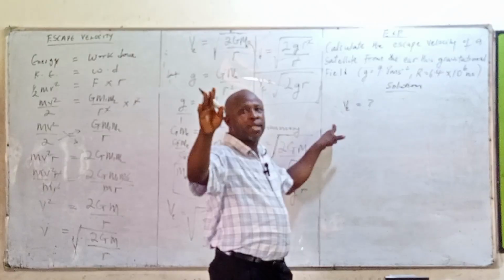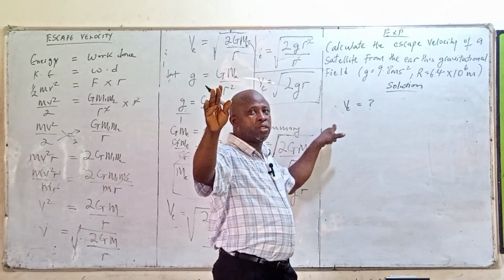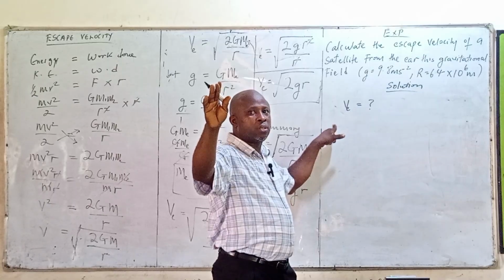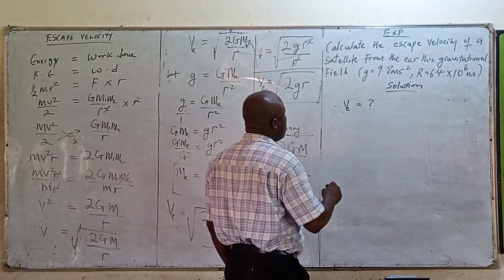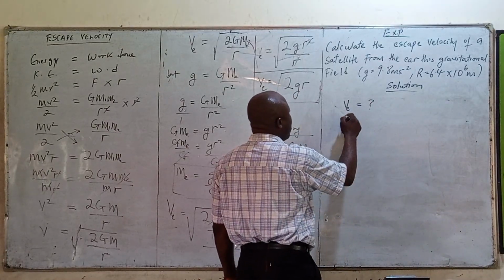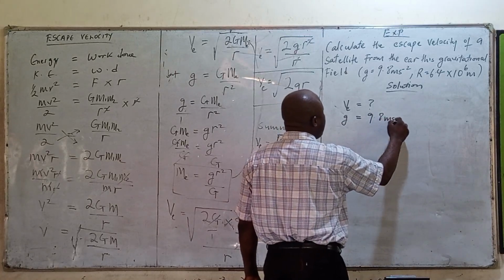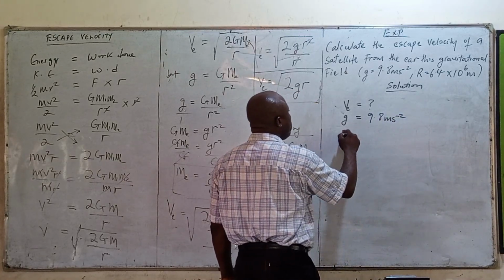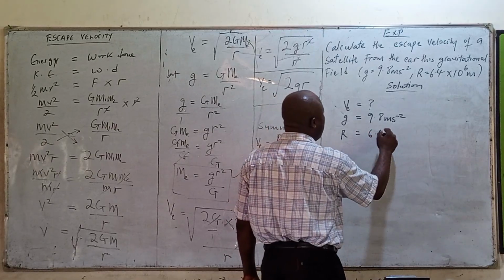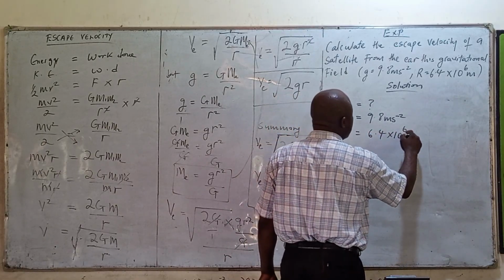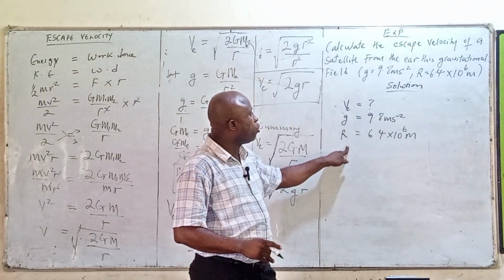We are asked to find the escape velocity, so our V has a question mark. Now g is equal to 9.8 meter per second square. We are given the radius of the Earth, R, equal to 6.4 times 10 to the power 6 meter. So these are the parameters given to you.